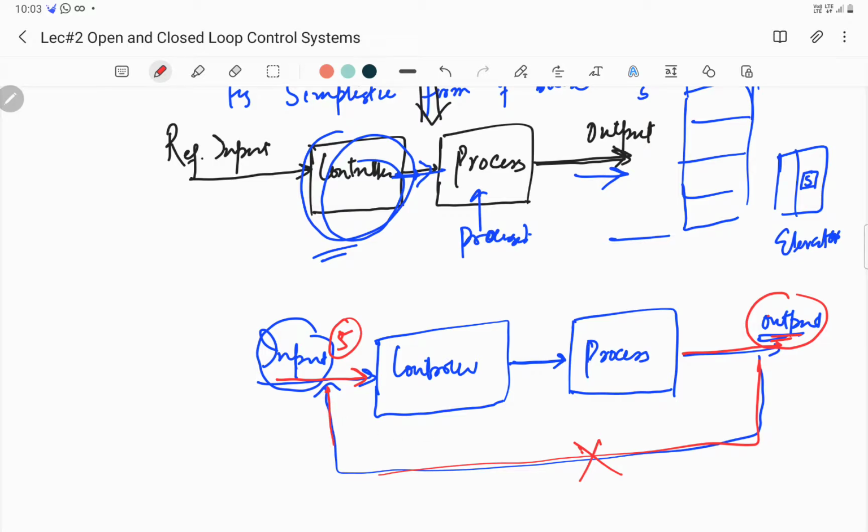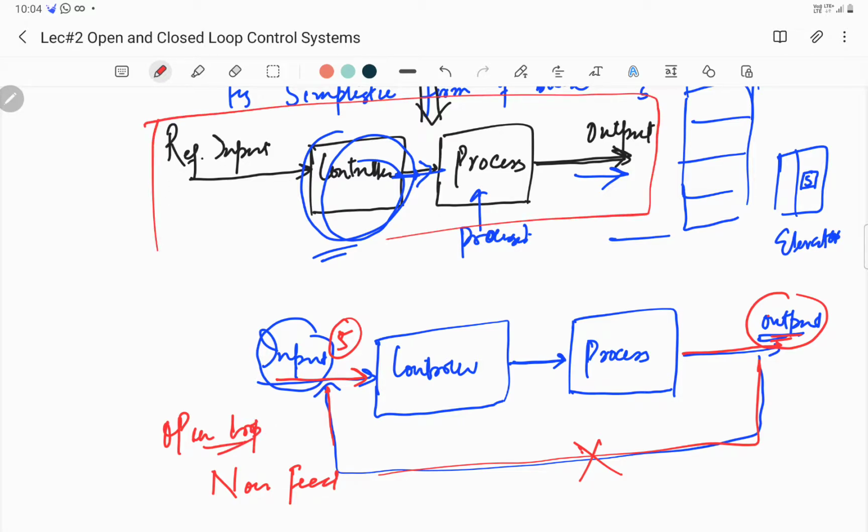Under this situation, the input has no knowledge of whether the output has actually been reached or not. Let me take a few examples to make you understand this point. And such systems are called non-feedback or open loop systems. So this basically represents an open loop control system.